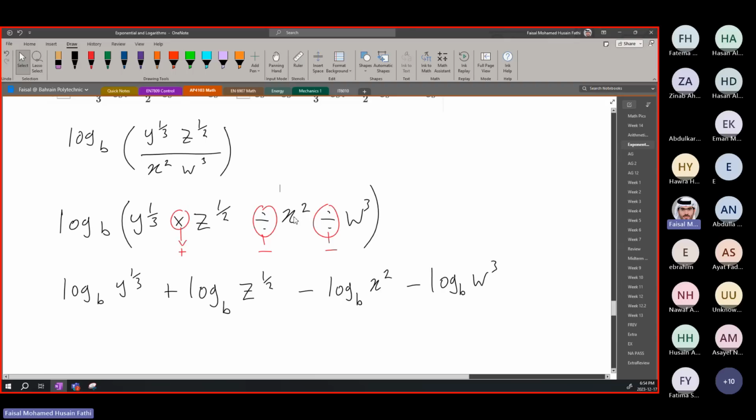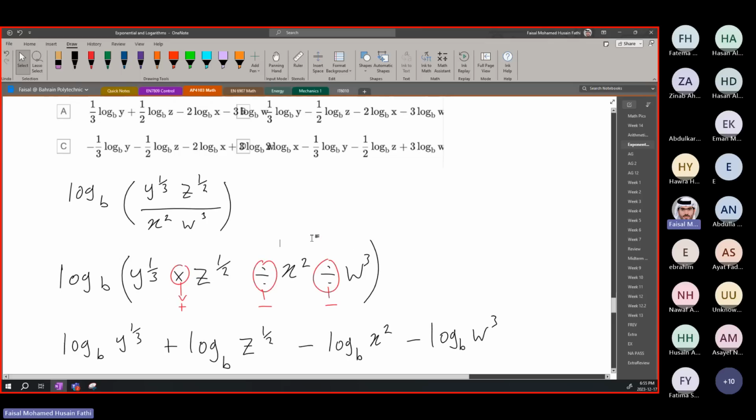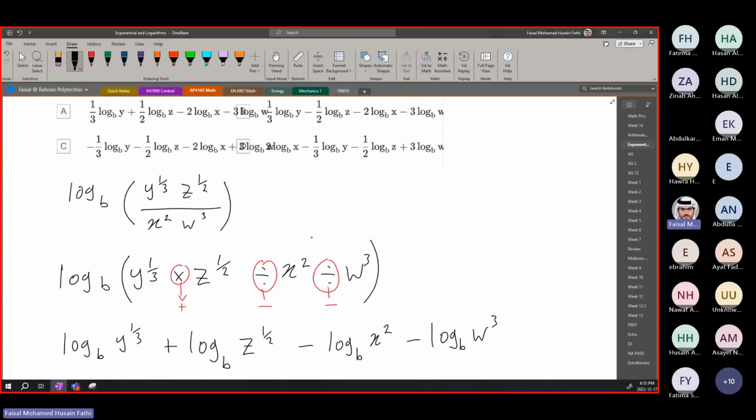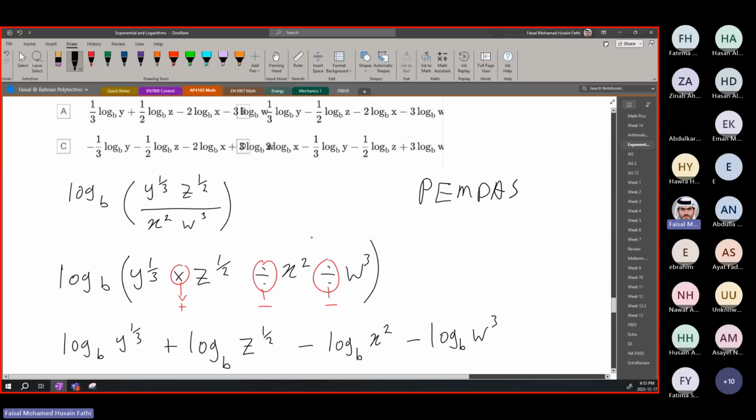Again, I am not dividing x squared by w cubed. I am dividing in order. So don't confuse this, okay? I am not following the mathematical operators. I don't know if you remember PEMDAS. I am doing this just visually to make it easier for you to transform it.